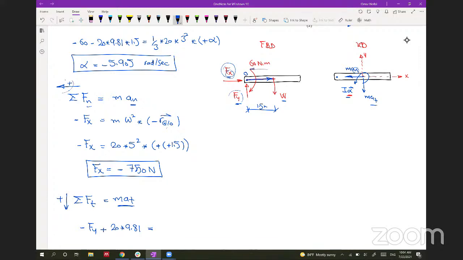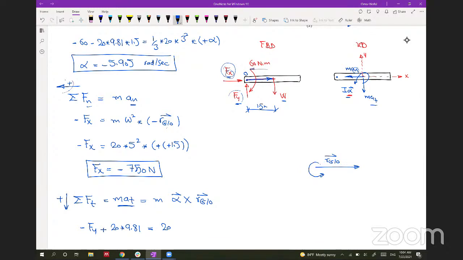So this is positive mass, the mass is 20, and a_t is equal to alpha crossed by r_G with respect to O. Okay, so right now we have, this is the direction of r_G with respect to O, and alpha is assumed to be in this direction.